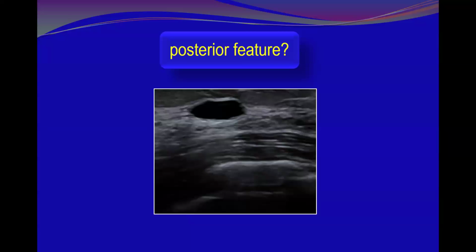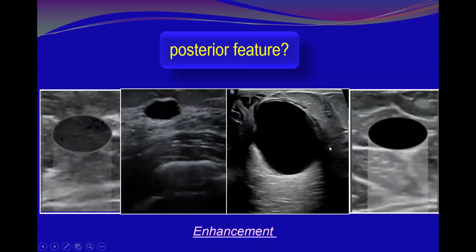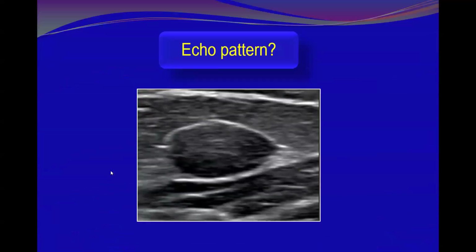Posterior feature here. Enhancement. Excellent enhancement. So if we compare this with this one, this is intense enhancement, while this is faint posterior enhancement. Echo pattern. No posterior feature. Echo pattern heterogeneous.